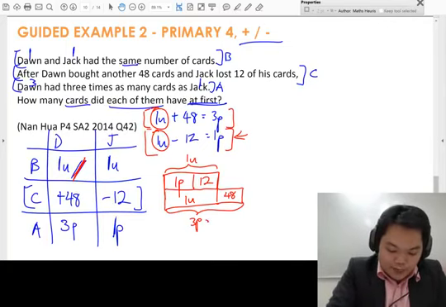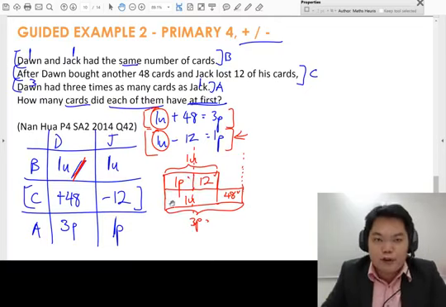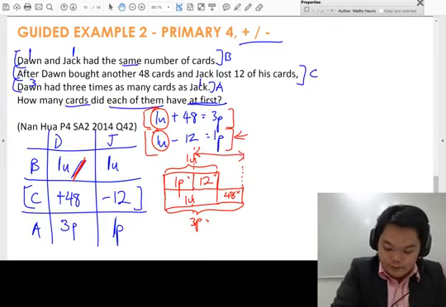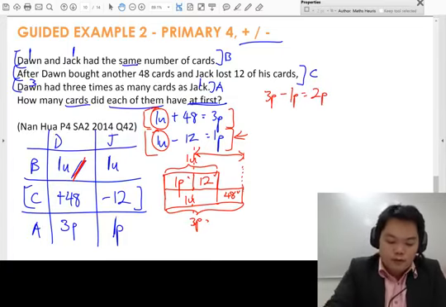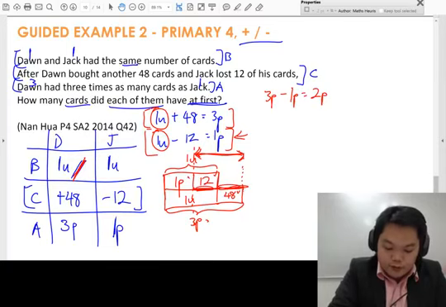When we compare parts with parts, numbers with numbers, 3 parts ends here and 1 part ends here. Now I want to chop off this 1 part and get rid of it. When I do that, that leaves me with 2 parts. As for the numbers, we can see that the entire length is formed by 12 and 48.